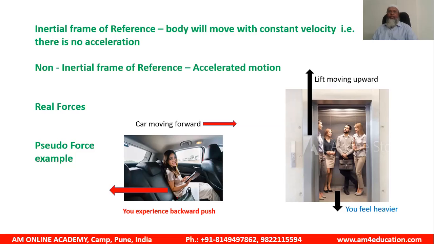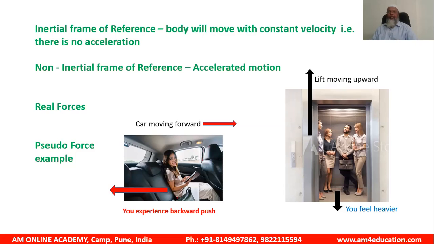Now let us see what is a non-inertial frame of reference. Take the person in the bus. Initially the bus was stationary, that is its velocity is 0, and after that the bus starts moving, say from 0 to 60 km per hour.